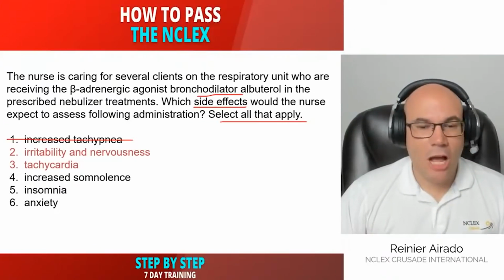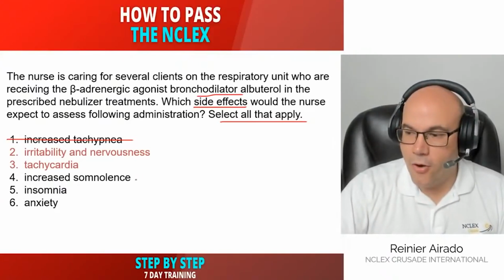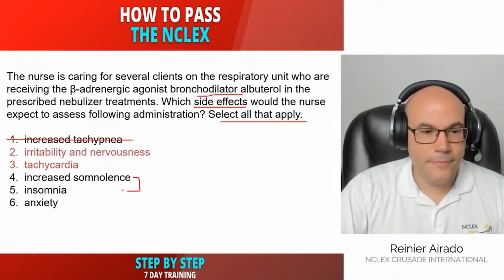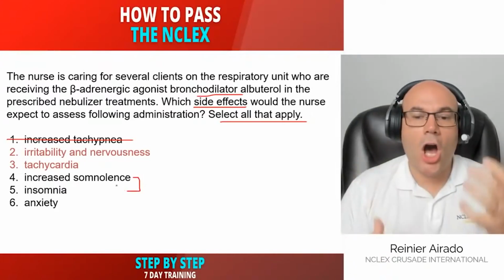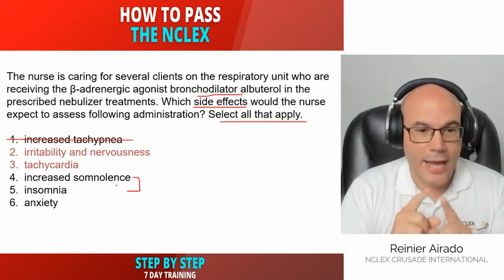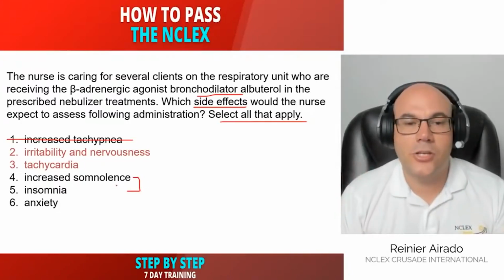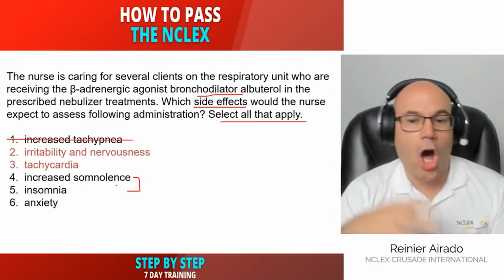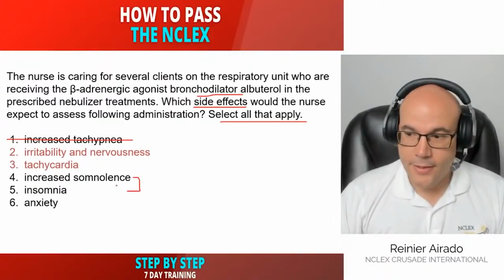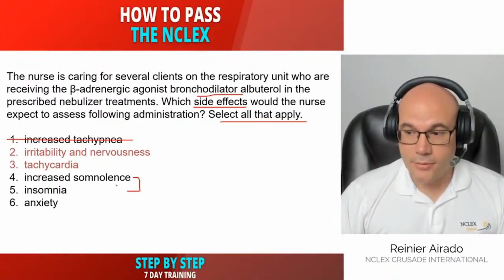Increased somnolence. And I want you to compare answers 4 and 5, because they are opposite to each other. And this is a strategy that I use in select all that apply. I try to find if there are answers that are similar or opposite to each other. So, what can this medication cause?